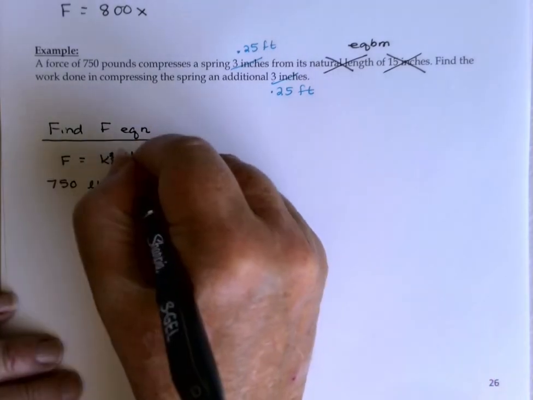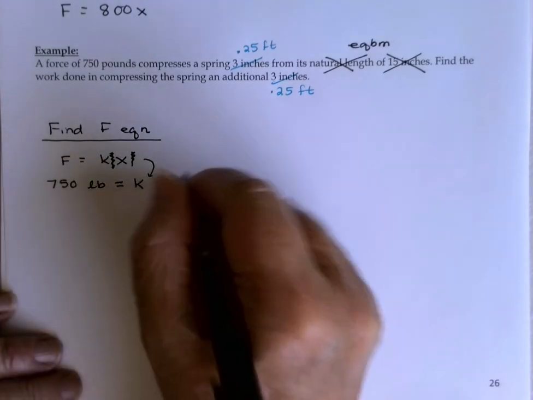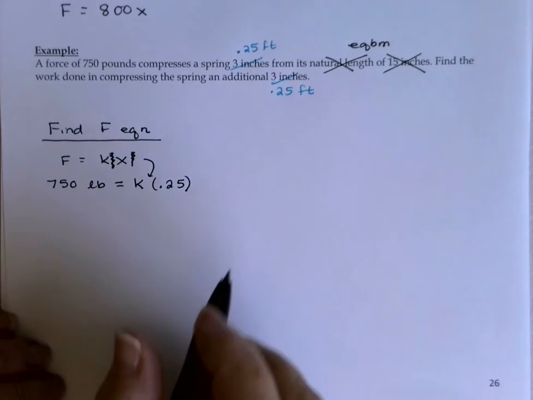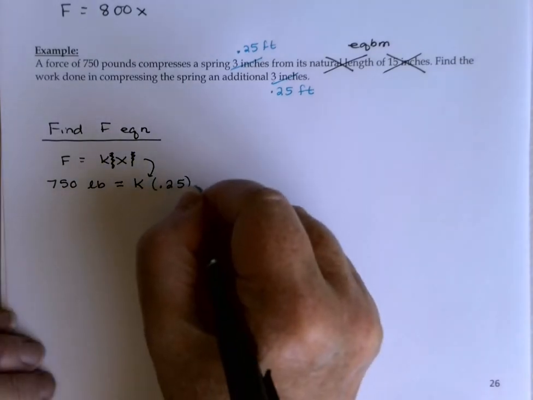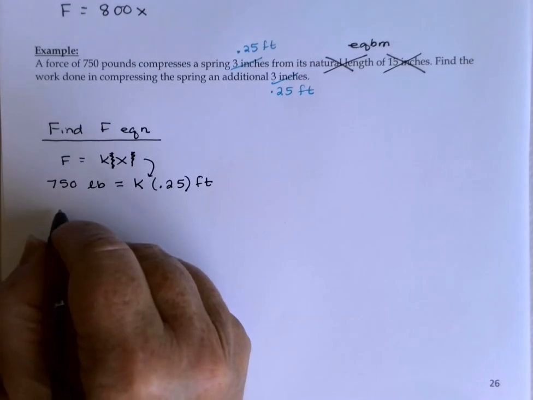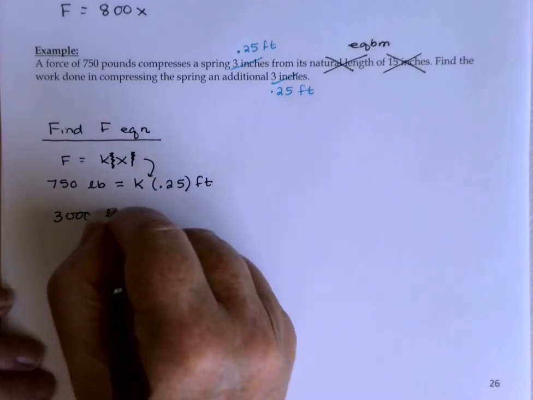I don't really even want to do that. Let's just say that k is always going to be the absolute value. So when I divide, I get 3,000 for k, and that would be pounds over feet.